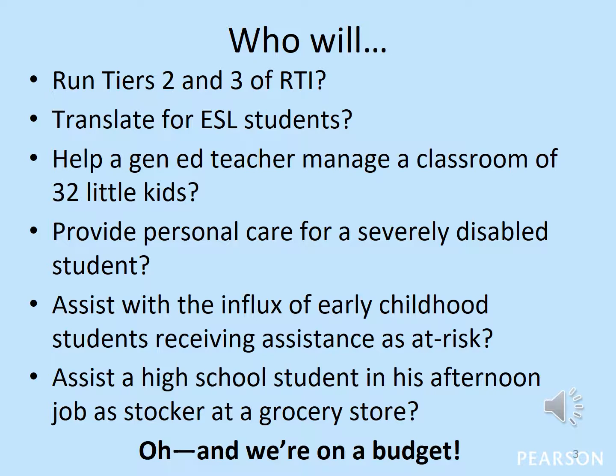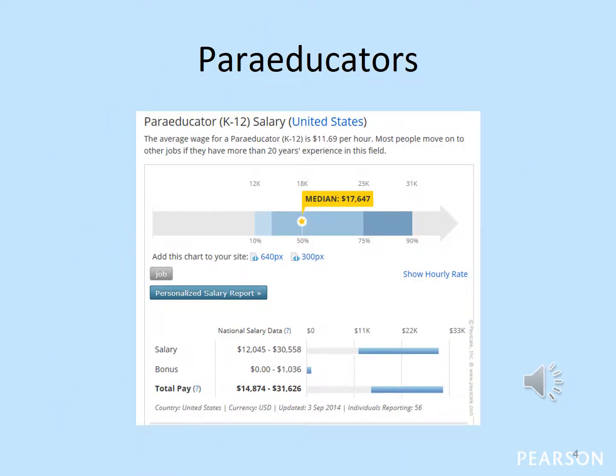For each of the items listed here, paraprofessionals are oftentimes the people who complete these tasks, and of course, the list goes on. The average wage for a paraeducator in the United States is $11.69 per hour.